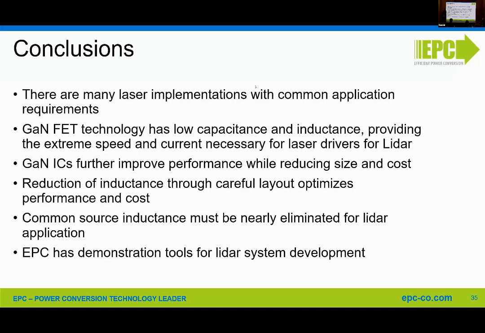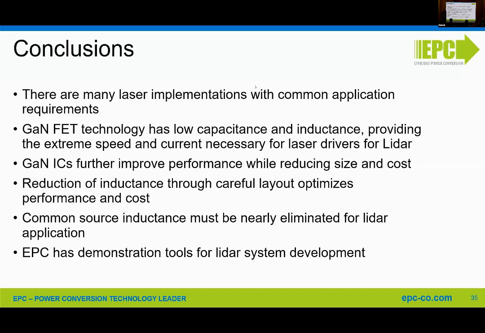The GaN technology is an analog high power technology. The sensor technology is a low voltage, very different technology that needs a lot of processing capability. The laser loop, the inductance and the layout of the laser loop is so important. You really want those two functions separated.